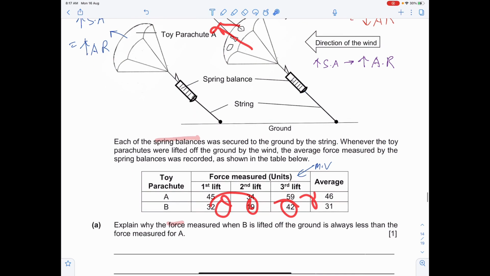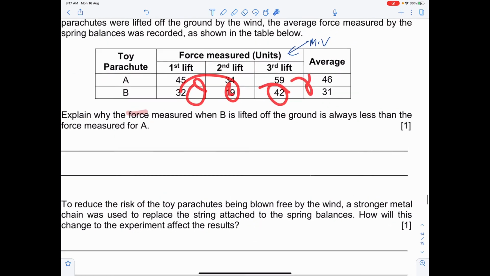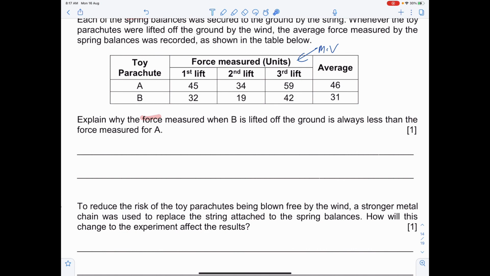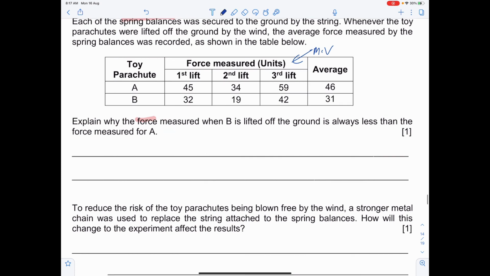So how do we craft this? Obviously you would need to talk about surface area. This is a compare question, so you have to compare and contrast. How would my answer look?